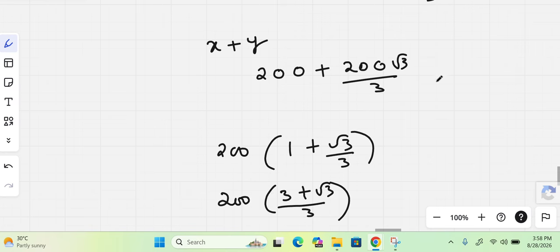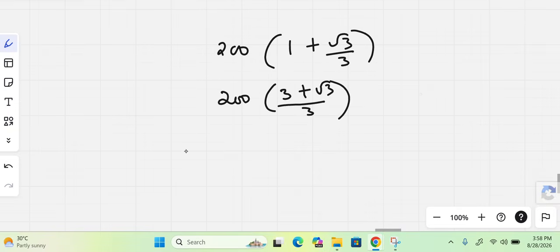Root 3 is 1.732, so that will become 4.732 by 3.